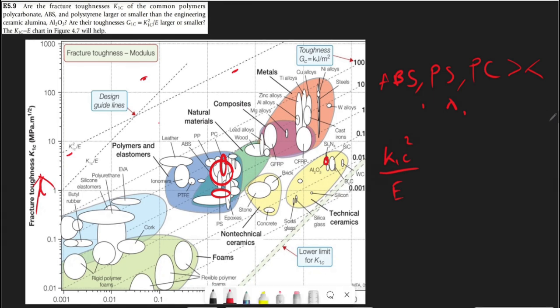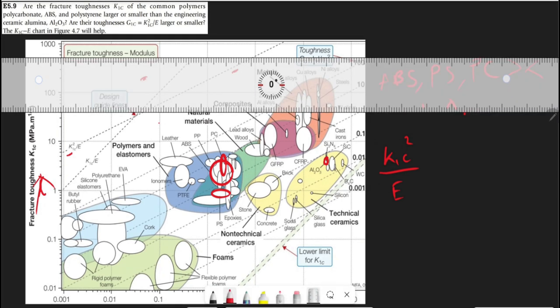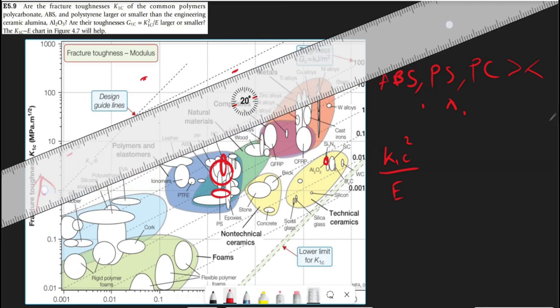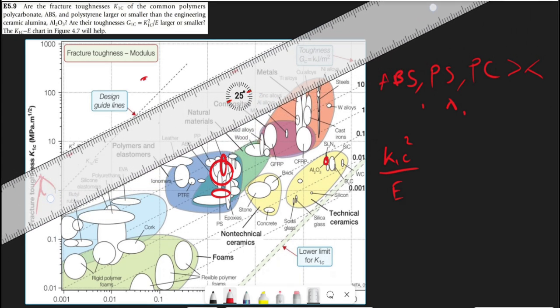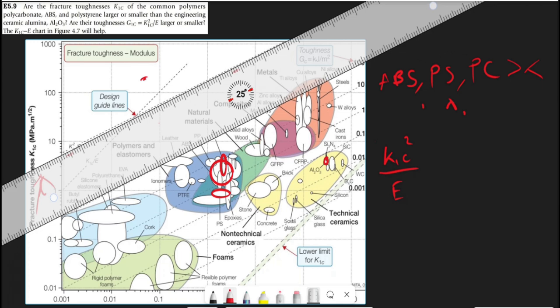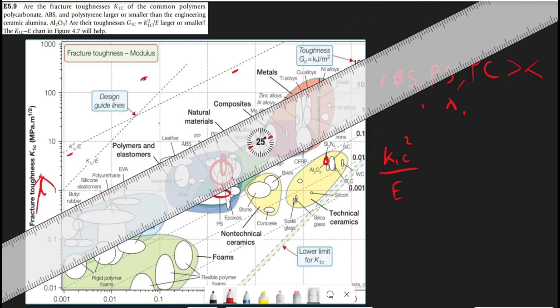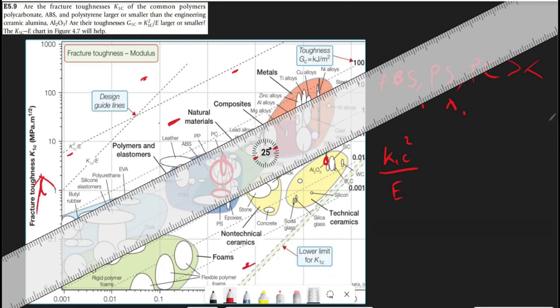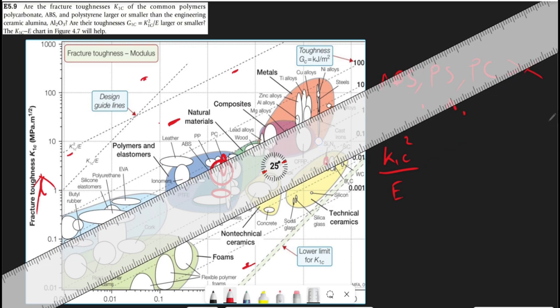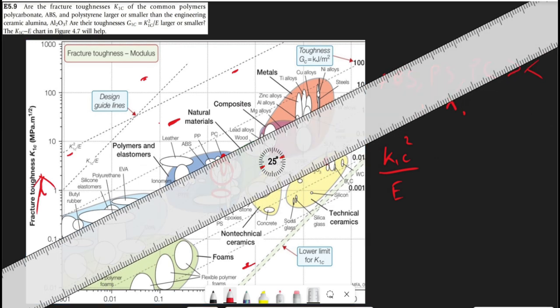All we have to do is get our ruler and place it on this line. Once you place it on this line, you can now move down. As you're moving down, every material here has a higher value than every material below. You get to a point where PC, polycarbonate, is greater than all other materials.